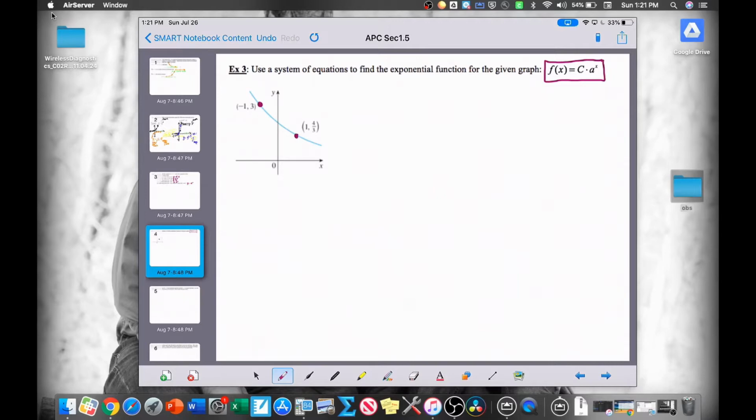All right, so step 1 is going to be to write 2 equations. Given the 2 ordered pairs, negative 1, 3, and 1, 4/3. Okay, so my 2 equations then, I'm just going to be plugging in negative 1 for x and 3 for y into the formula that they gave me, the f of x equals c times a to the x.